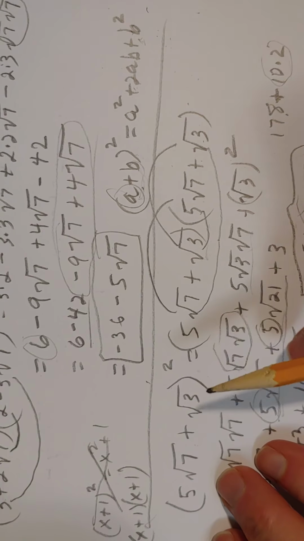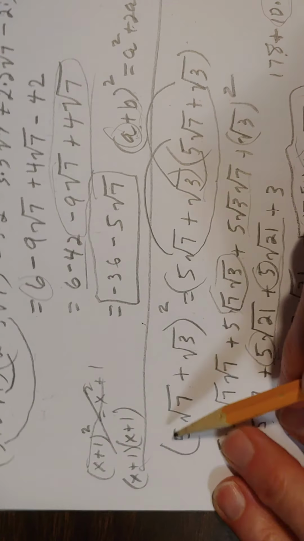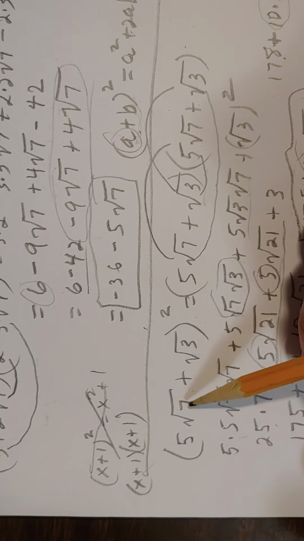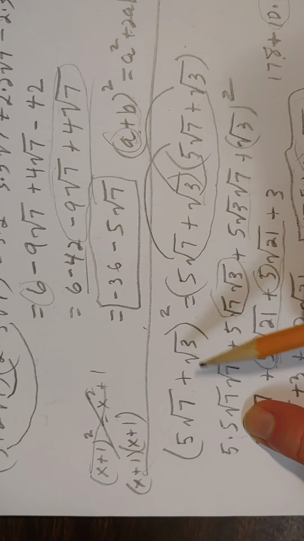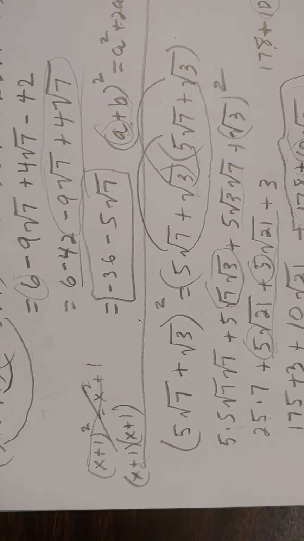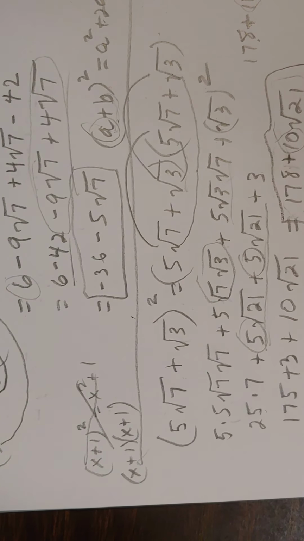So recognizing this as of that form, you could just square this. See, that's this part right here. Multiply these two together and double it. That would be these two. And then square the last one. And you get the same answer. But anyway, that's up to you whether you choose to use that special form.